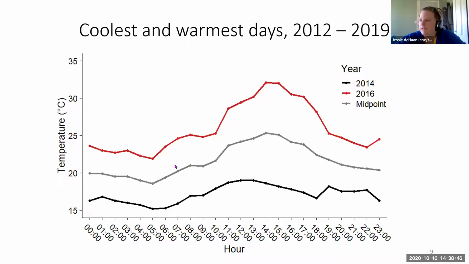And the black line is the day that had the coldest maximum daily temperature, which was a date in 2014. And then the gray line is the midpoint between those two dates. And I used this midpoint to create the program for the PCR machine.